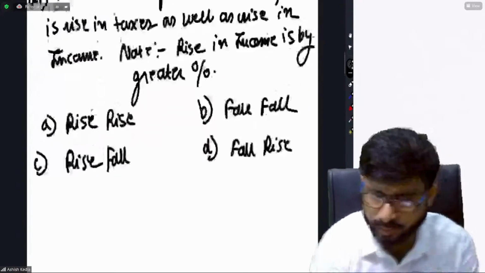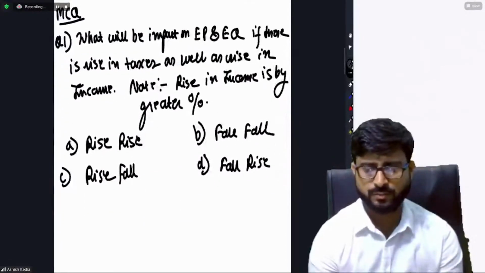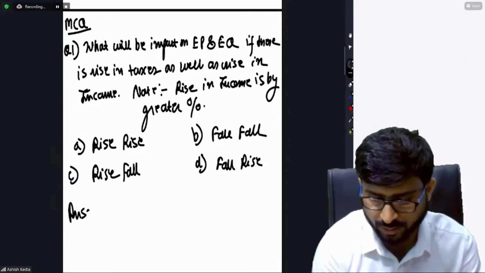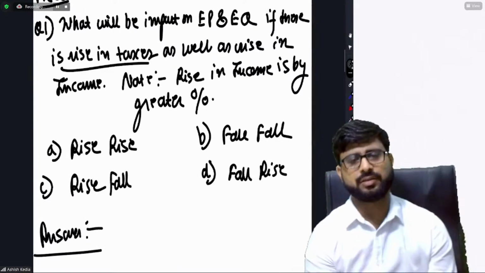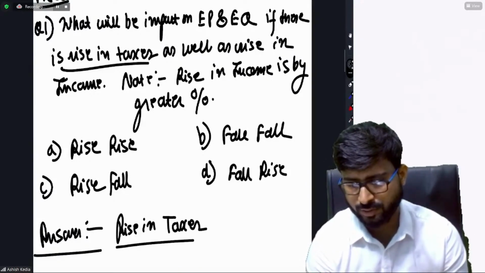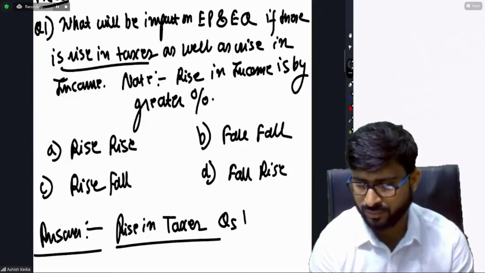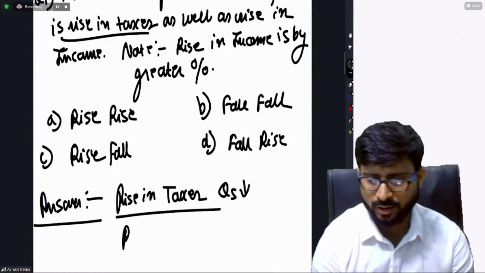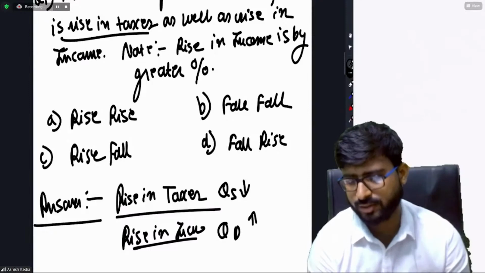So see everyone, C, answer. If there is rise in taxes, what will happen? Quantity supplied will fall. Correct? Rise in income, quantity demanded will rise.